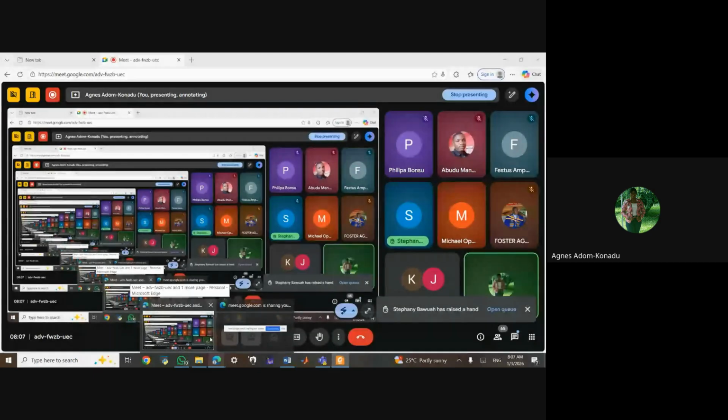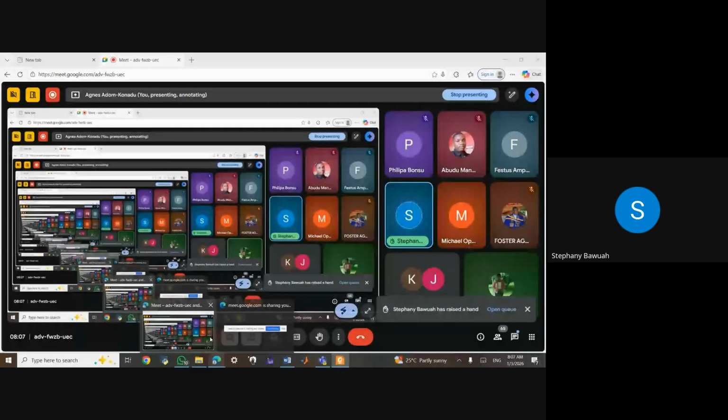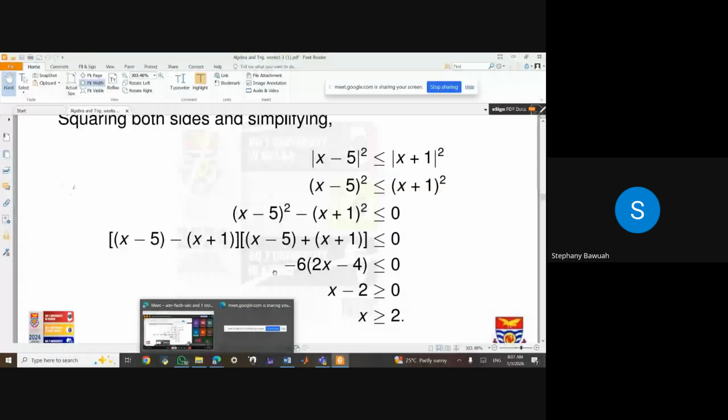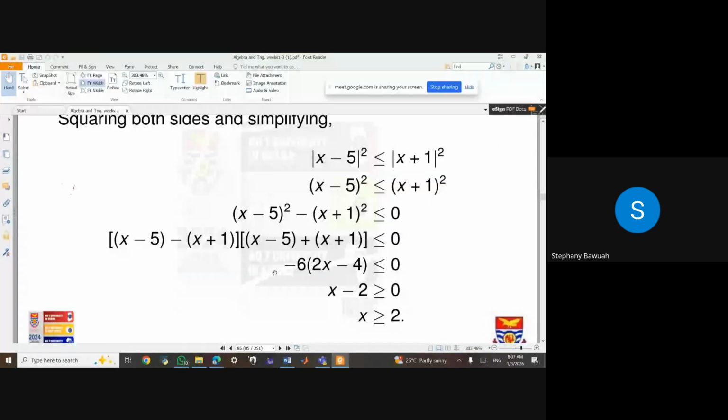Stephanie. Madam, why is it the x minus 5 all squared minus x plus 1 all squared? They have made the sign all positive. The expansion, they are all positive. Is it here?